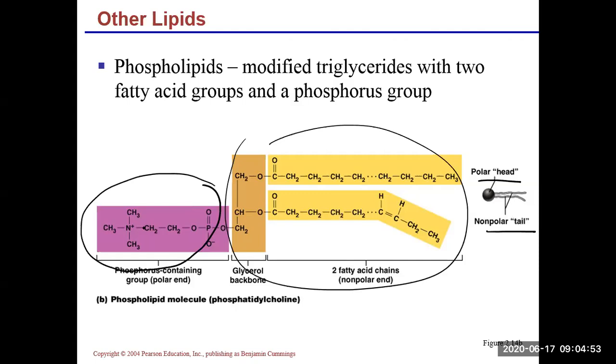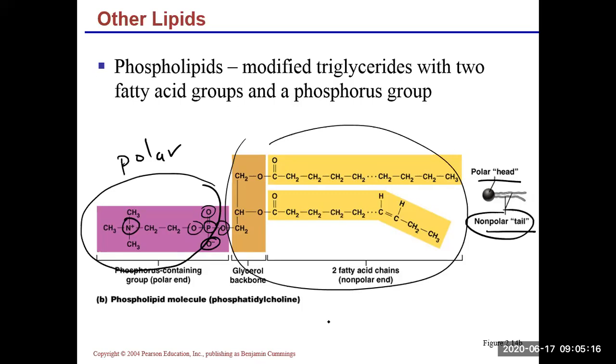Take a look at electronegativity: phosphate, oxygen, the negative. All of those are electronegative elements. So they have an unequal distribution, making this part polar, versus the carbon and hydrogen, a lot of them, which makes it non-polar.